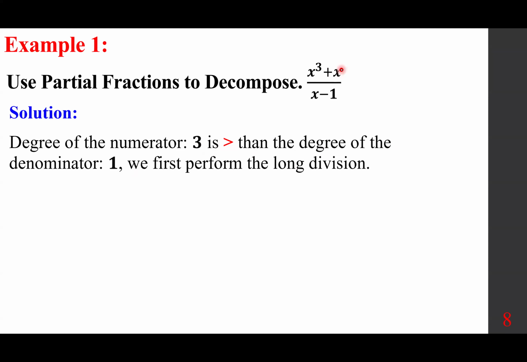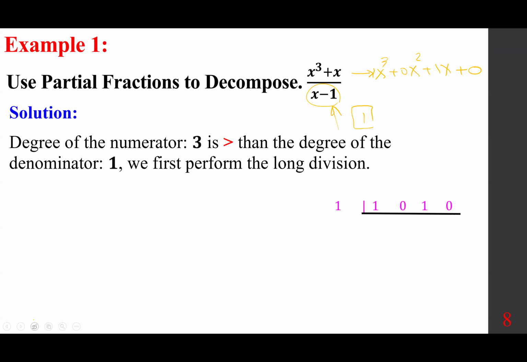So x cubed plus x, the numerator is x cubed plus 0x squared plus 1x, let's put a 1 here, and plus 0. And because we are dividing by x minus 1, we are going to use 1 for the synthetic division. So it looks like this.